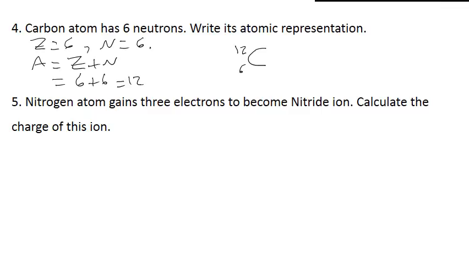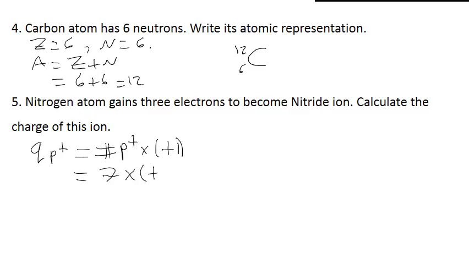Hassan, nitrogen atom gains 3 electrons to become nitride ion. Calculate the charge of this ion. First, we find Q the protons equal what? Yes, number of protons times plus 1. Yes, 7. Good. Q the electrons equal what? Number of electrons times minus 1 equals 10.